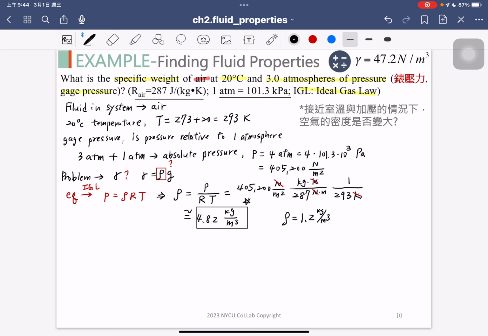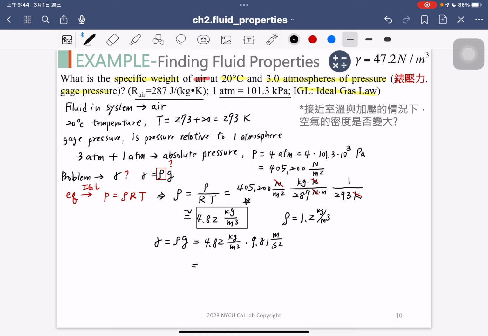So in the next step, we should compute the gamma. We know that the gamma is equal to rho g. So we have rho as 4.82 kilogram per meter cubic, and we should multiply by gravity, 9.81 meter per second square.